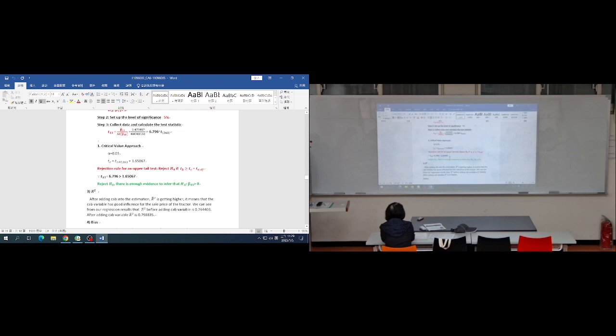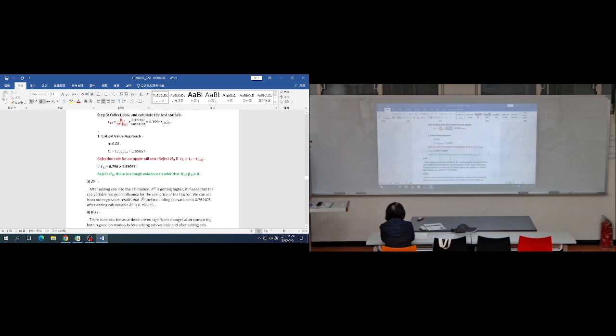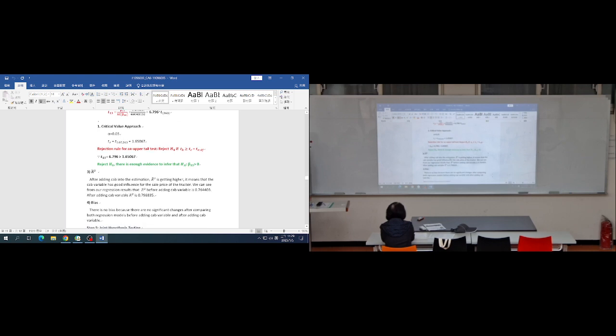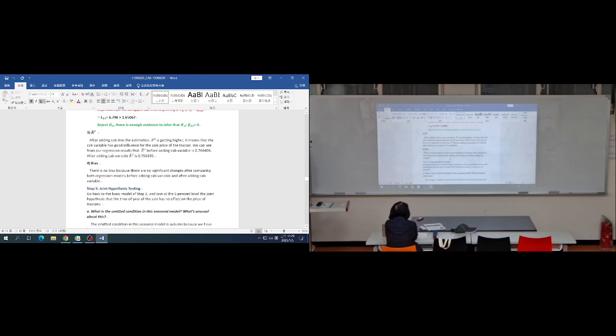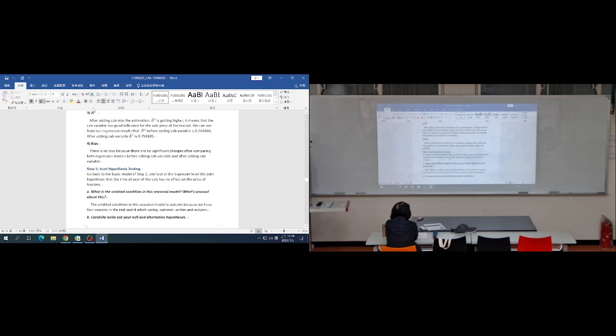For the critical value approach, we reject the null hypothesis, and R square is getting higher, and by comparing those there is no bias, so there is no significant change after comparing both regression models.